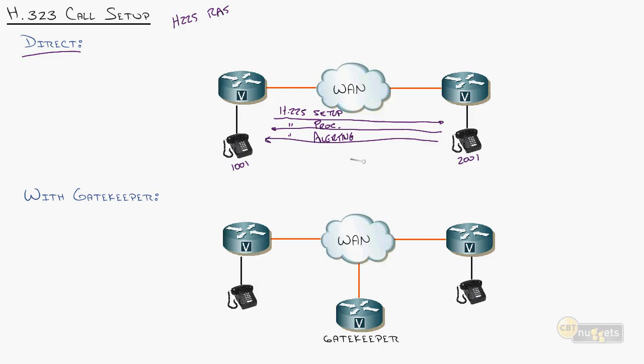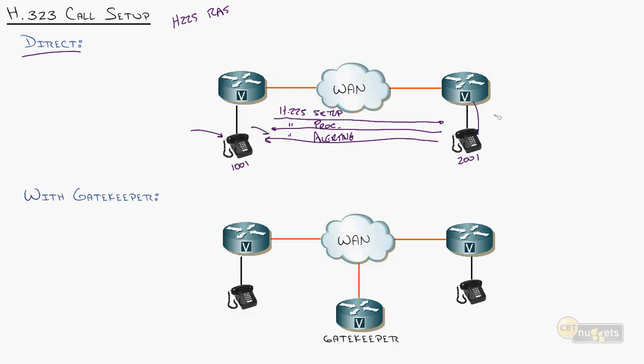What do you think's happening there? Ring. This guy is getting that ring sound on his phone, and the guy on the other end is hearing that comfort that something's happening. It's not just dead air. That's the responsibility of the H225 alerting. That's how the other side knows to start playing that little noise, that the call is proceeding.